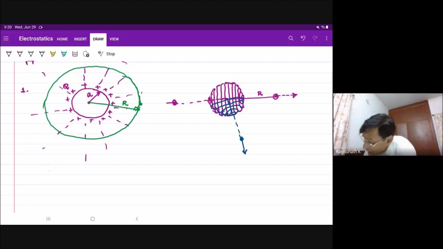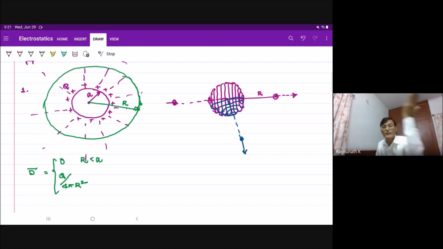Definitely the flux density D bar is equal to 0, first of all, for r less than a, inside the sphere. And for r greater than or equal to a, it is for sure Q by 4 pi r squared, because the charge emits Q coulombs of flux which passes through the sphere of radius r for all r greater than or equal to a.